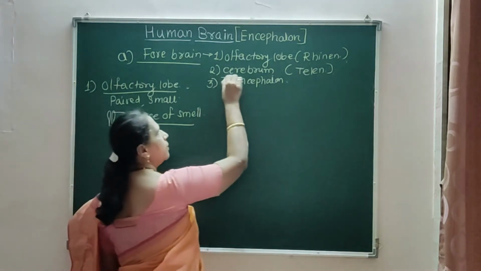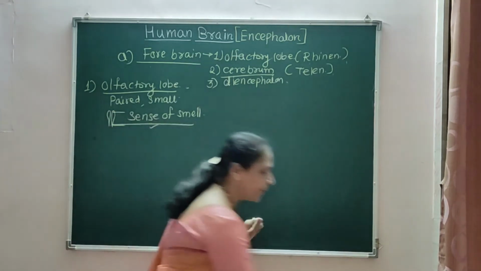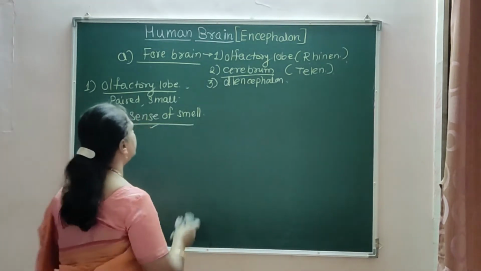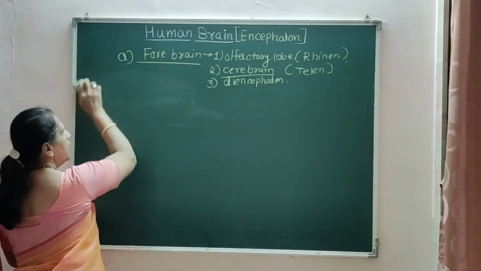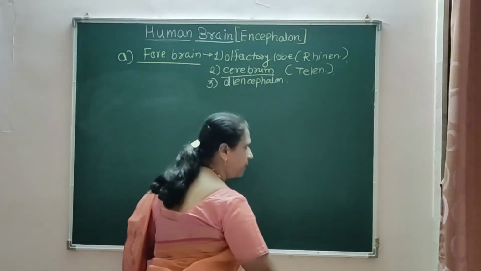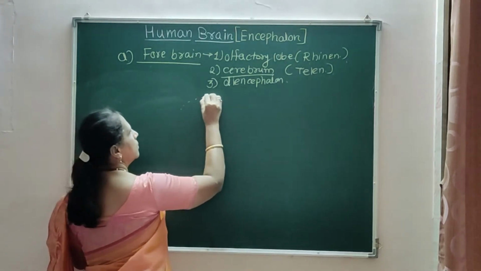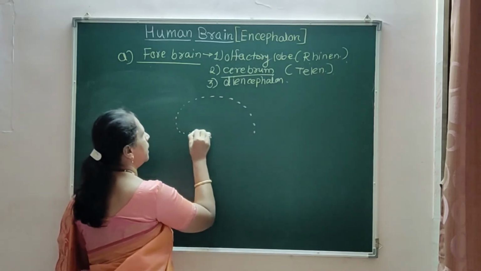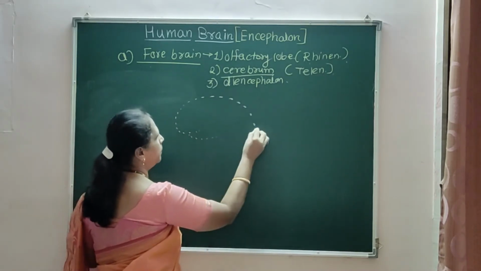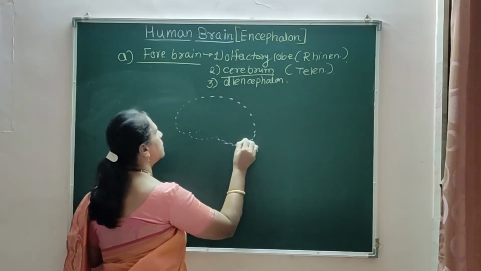So the second part, which is a major part of the brain, is the cerebrum, also called telencephalon. The cerebrum is the largest part of our brain and it forms 85% of the area of the total human brain, and it divides into 4 lobes.